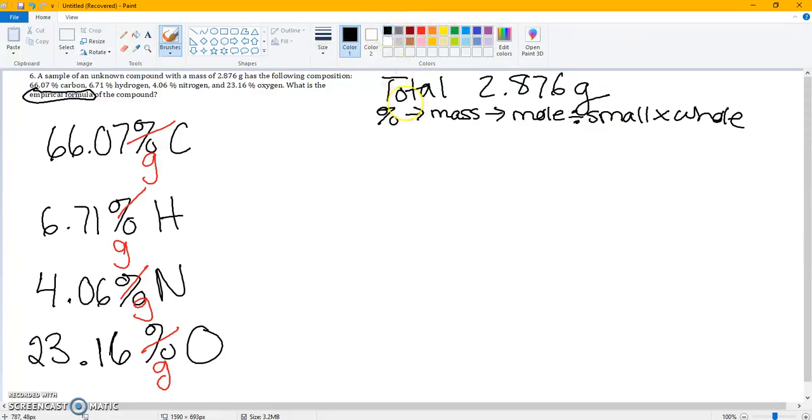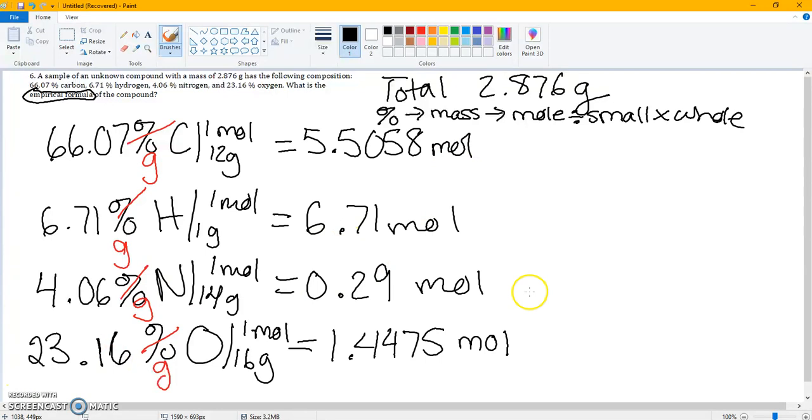So the first step of my rhyme, percent to mass. I can either multiply to get the actual mass or just pretend I have a 100-gram sample and change percentages to grams. Then I need to go from mass to moles. Now that I have the moles, I'm going to go moles divide by small in order to get the ratio.